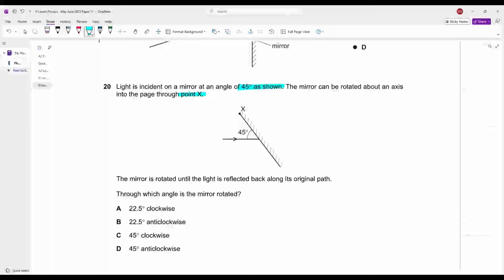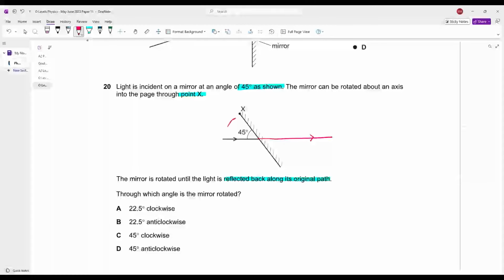Through which angle is the mirror rotated? अच्छा जी, मिरर को हम किस एंगल पे रोटेट करेंगे so that the light will get reflected back along its original path? अच्छा, थोड़ा सा सोचो, एग्जामिनर कहना क्या चाह रहा है। एग्जामिनर ये कह रहा है कि इस मिरर को मैं किस डायरेक्शन में रोटेट करूं so that light keeps on traveling along its original path.